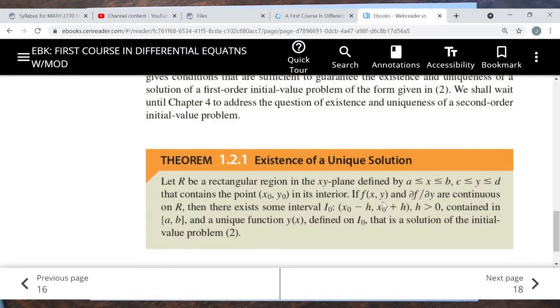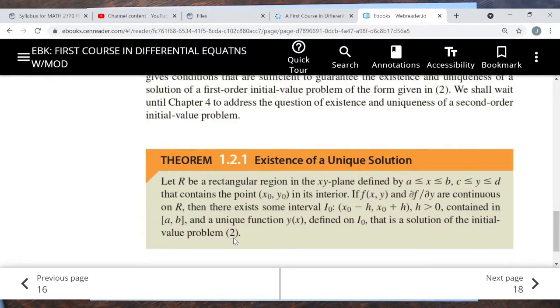If f of xy and the partial derivative of f with respect to y, hopefully you remember Calc 3 stuff, partial derivatives, are both continuous on R, then there exists some interval, say I sub 0 over the values of x, some interval centered at x sub 0, contained in the x interval for the rectangular region, and a unique function y defined on this interval that is a solution of the initial value problem.